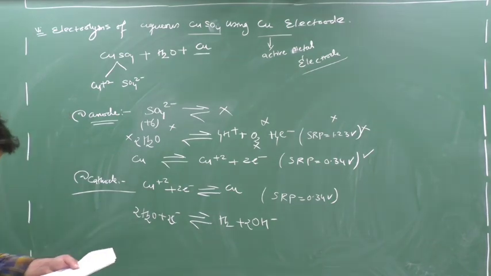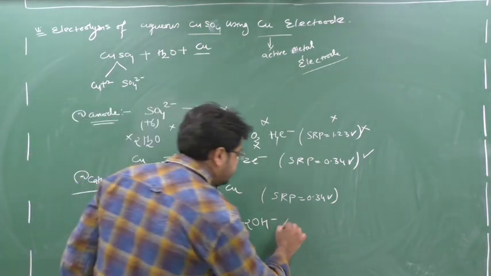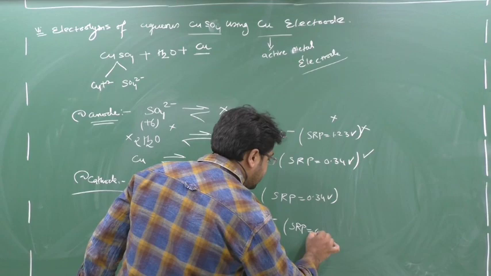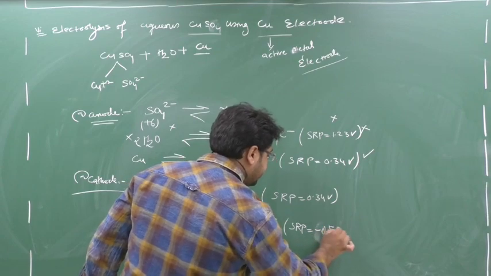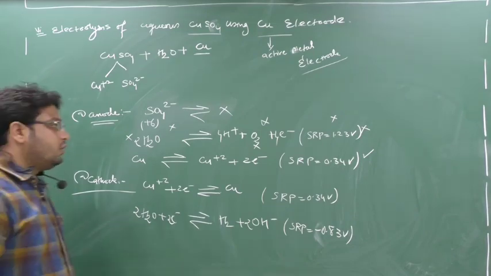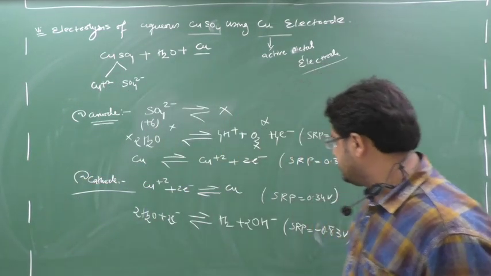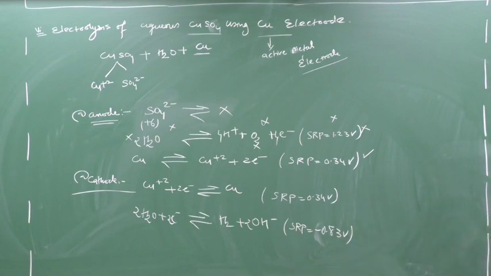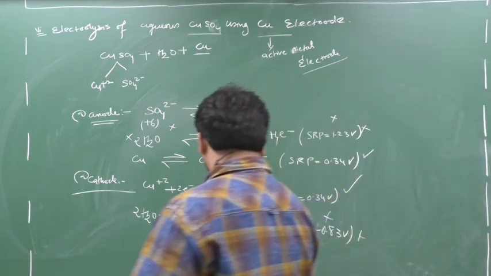For this you write the SRP value as minus 0.83 volt. Now you know less value goes to the anode, more value to the cathode. Copper has the larger value, so this reaction will occur and the water reaction will not.